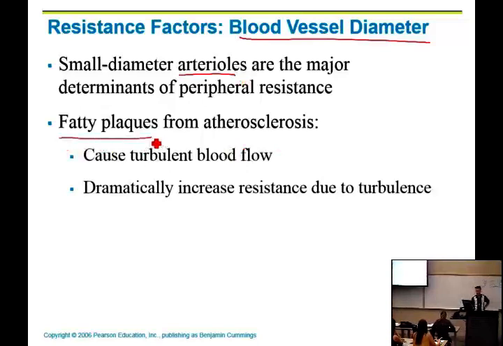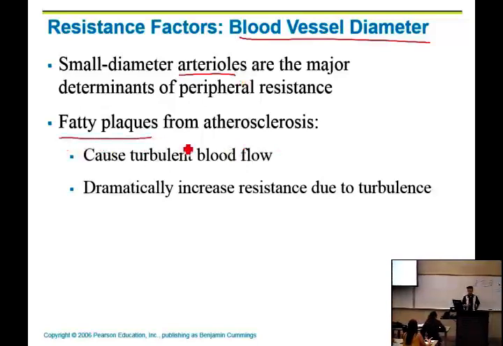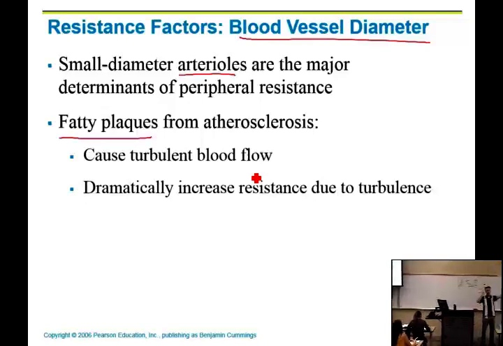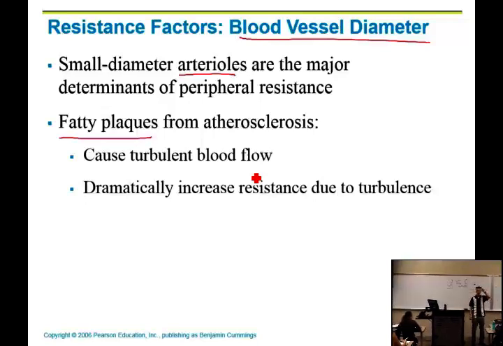So for instance, fatty plaques that can accumulate, like we talked about in atherosclerosis, anything that narrows the blood vessel is going to affect the flow downstream, and it's going to affect pressure upstream as well. And so when people have chronic high blood pressure, that can be due to problems like this, where the blood vessels are narrowed, and so that just elevates the pressure of everything.